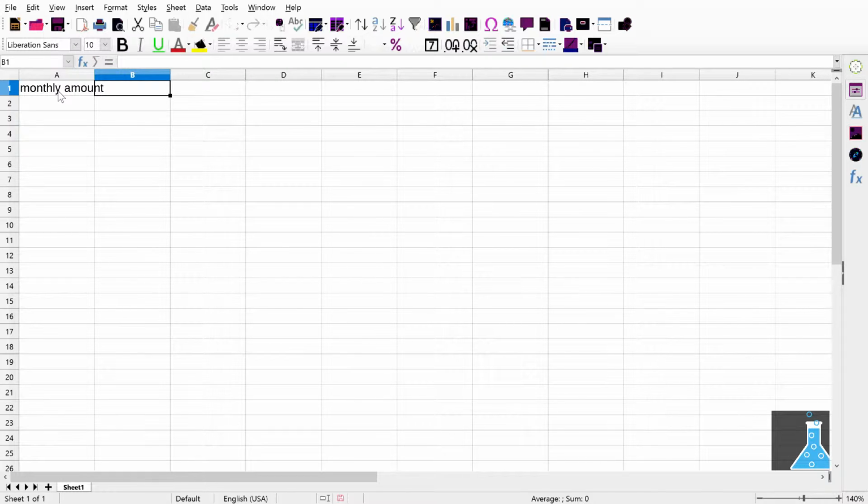And then next we'll have the interest rate. And then we'll do the number of years. And then we'll enter a present value in case you're already starting off with some money. And then we're going to figure out what the future value is.